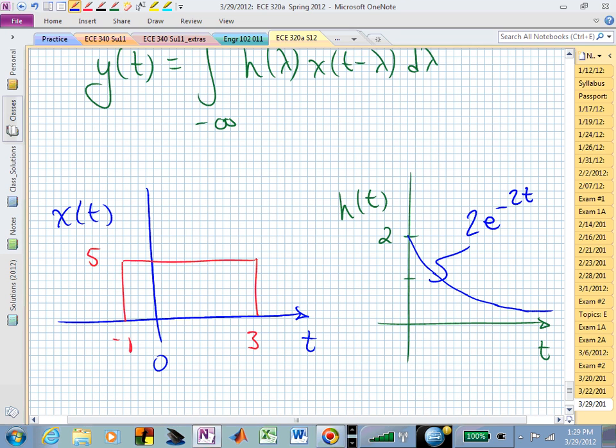But effectively, how long am I going to be seeing a response? Probably 2.5 seconds beyond when I quit exciting it. So in reality, I'll start seeing an output at -1, and I'll effectively quit seeing it 5 time constants beyond when I quit exciting it.